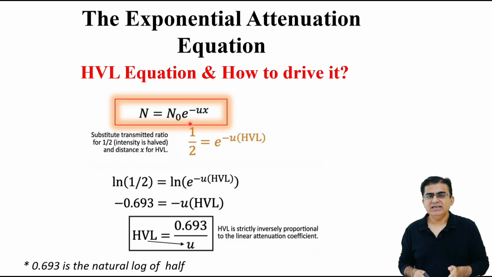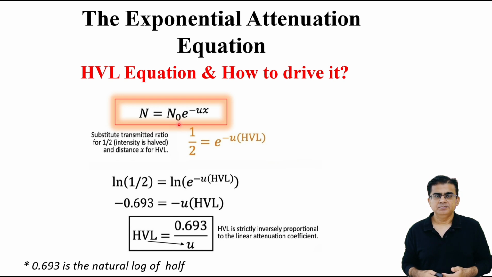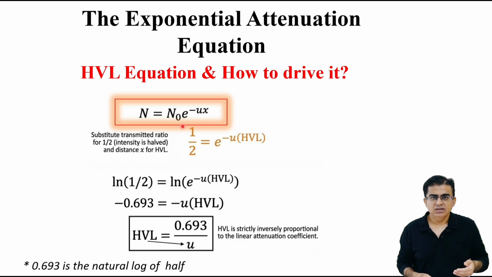N is the final transmitted intensity, which is the number of photons that successfully pass through this tissue or shielding material. N0 is the initial incident intensity, representing the exact original starting number of photons before they hit the material. e is the mathematical base of the natural logarithm used for exponential decay calculations.